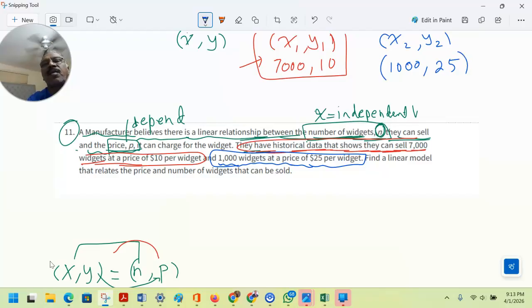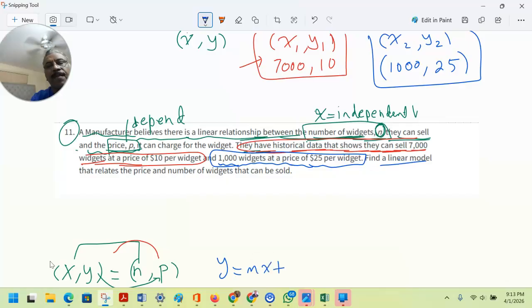So this is x2, y2. Now, what you do next is find the linear model. It means you want to know y equals mx plus b, which relates the price and the number of widgets. This is the number of widgets, and this is the price.